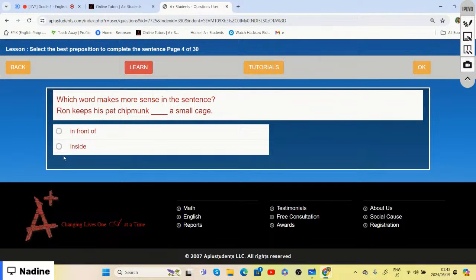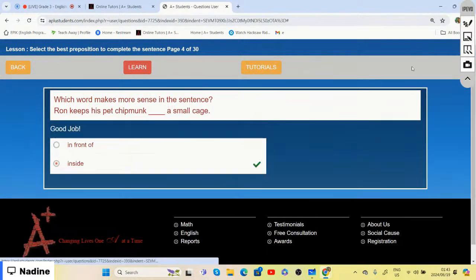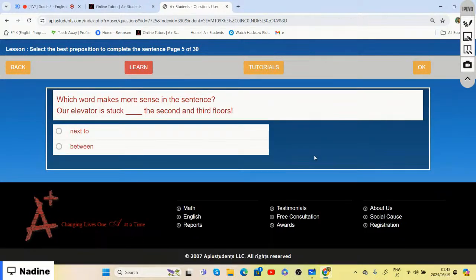All right, so we can say inside a small cage. And inside is correct, which is option 2.